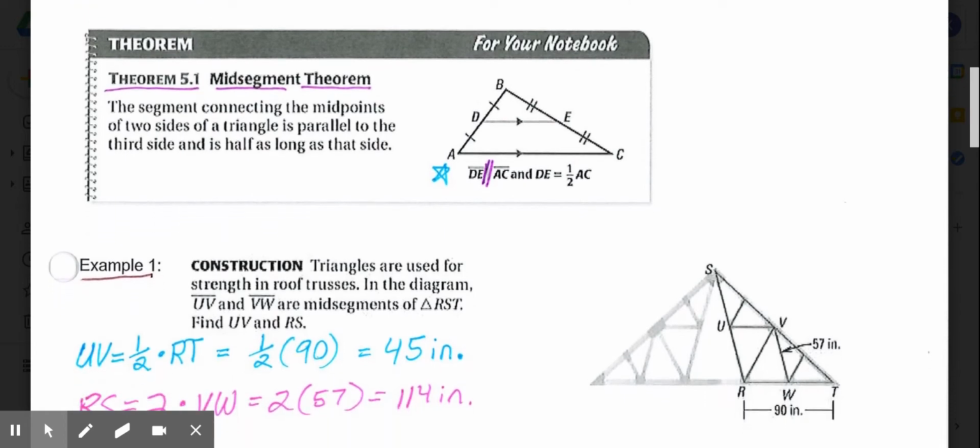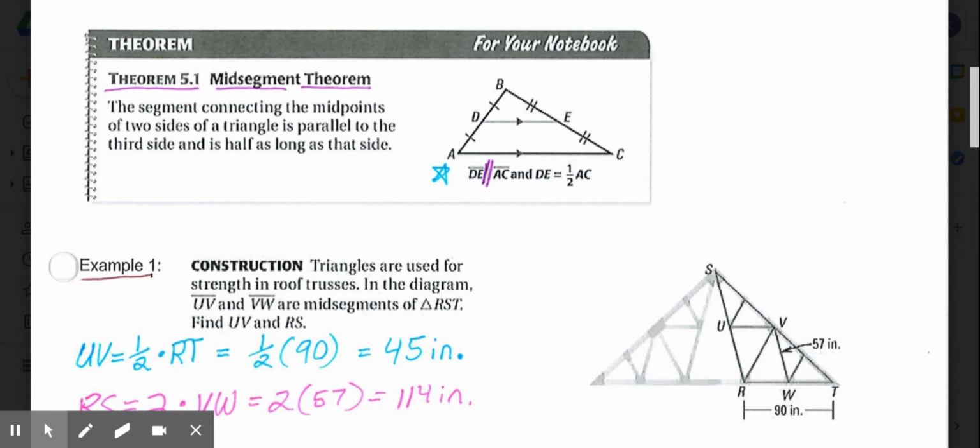So now that we know what midsegments are, we're going to look at the midsegment theorem. The midsegment theorem says the segment connecting the midpoints of two sides of a triangle is parallel to the third side and is half as long as that side.